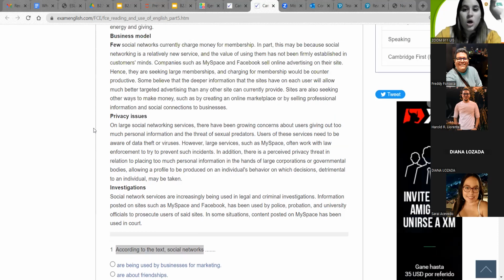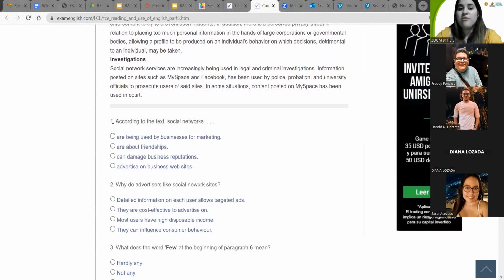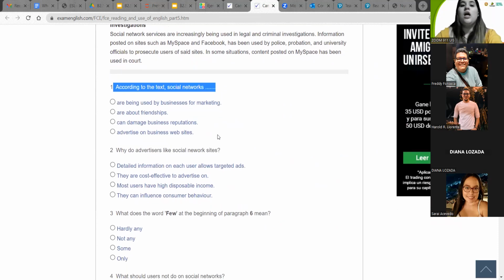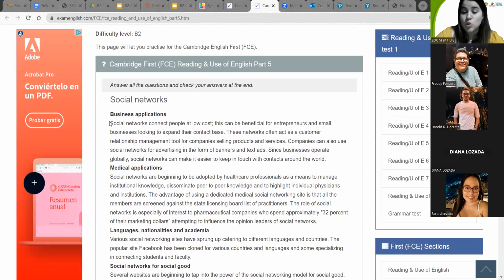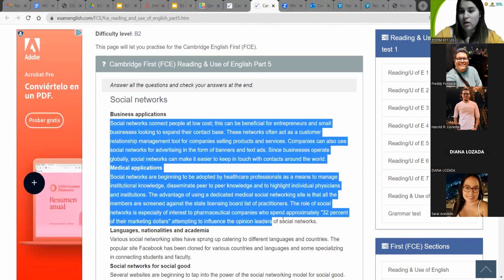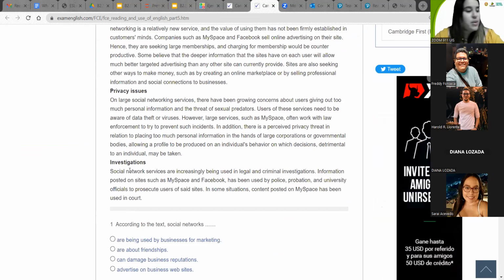Also, when you are answering these kinds of exercises like multiple choice, or when you have several questions, always, guys, follow the order. The questions usually follow the order of the paragraphs of the text. So for example, this is question number 1. The answer would be somewhere in the first or second paragraph, so that you don't waste your precious time looking for the answer to the first question in the last paragraph, because that is probably not going to happen.